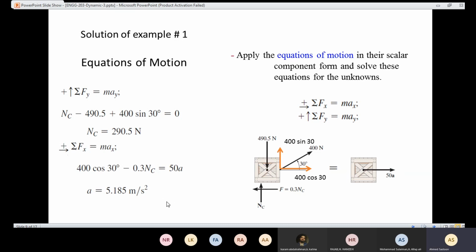It does not depend on the time. Sometimes the acceleration depends on the time. But here, since the value is constant, that means along the way, the acceleration is going to be constant, and it's going to be speeding up.